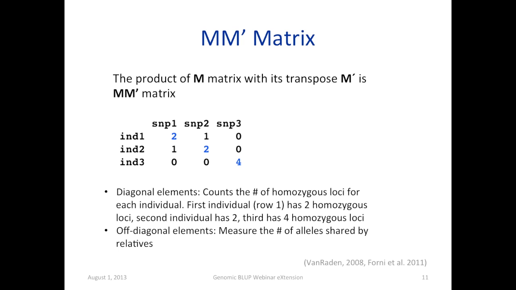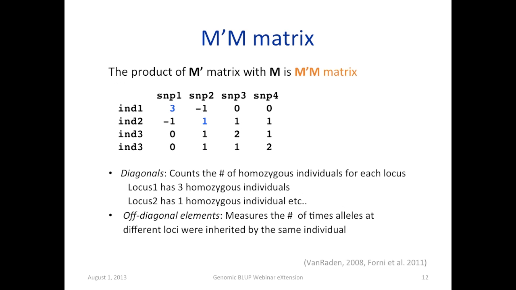We can multiply the M matrix with the transpose by reversing the order. As you know, changing the order of matrix multiplication gives a different outcome. So in that case, we have diagonals representing the counts, the number of homozygous individuals for each locus.